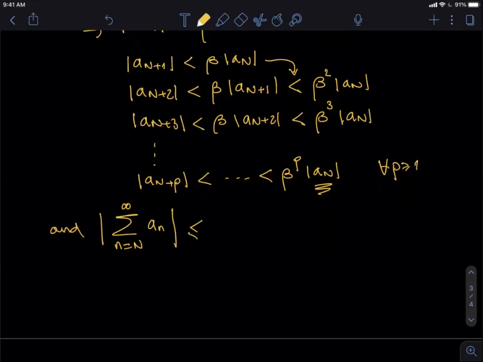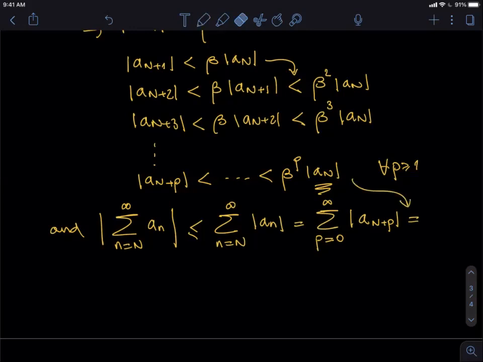So this is less or equal, triangular inequality, the sum of the absolute values of a_n, but then I can write this as the sum of a_{N+p}, and then p goes from 0 to infinity. It's the same thing, but I'm writing it in a way that I can use the inequality here.